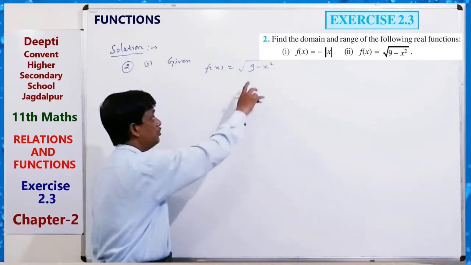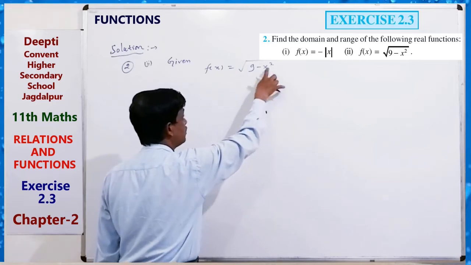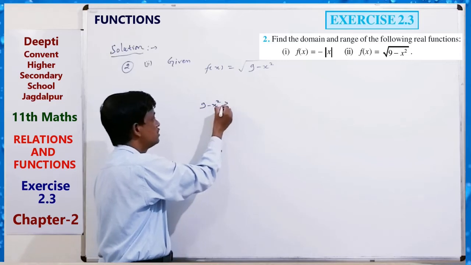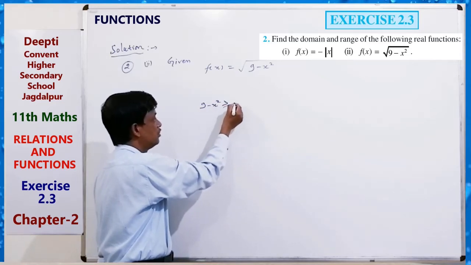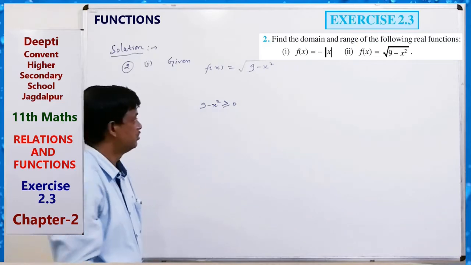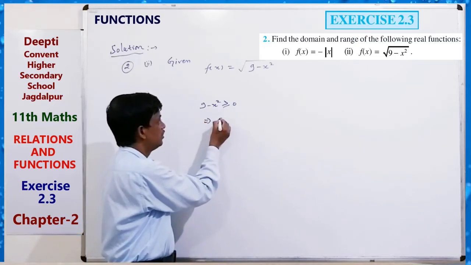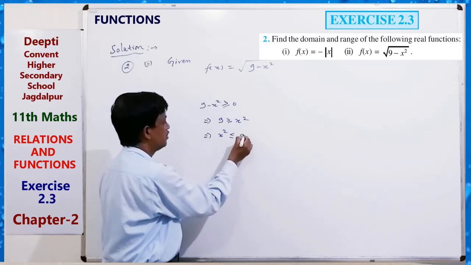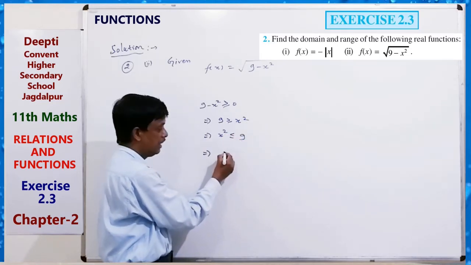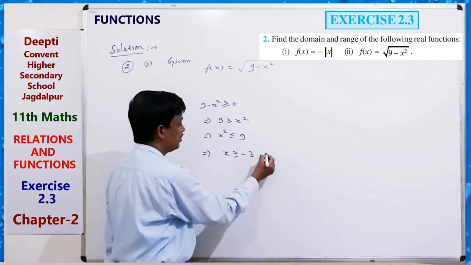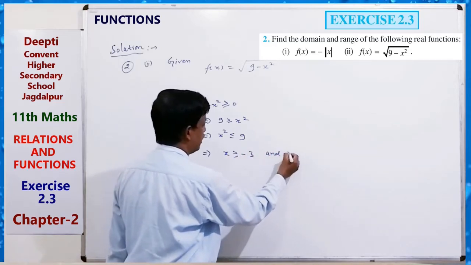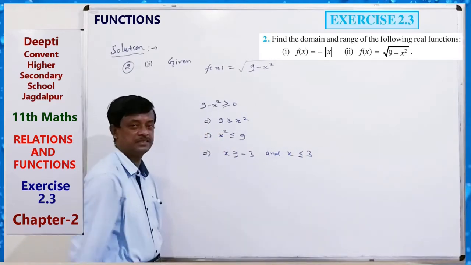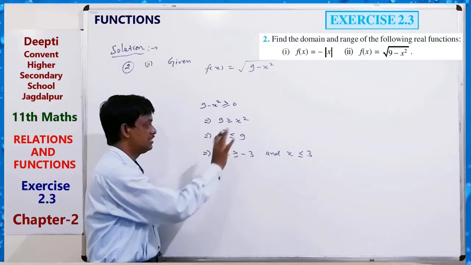So 9 minus x square is greater than or equal to 0, meaning 9 is greater than or equal to x square. That is, x square is less than or equal to 9. That is, x is greater than or equal to minus 3 and x is less than or equal to 3.